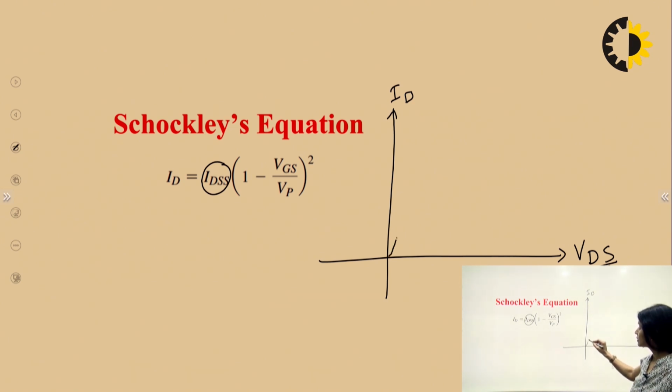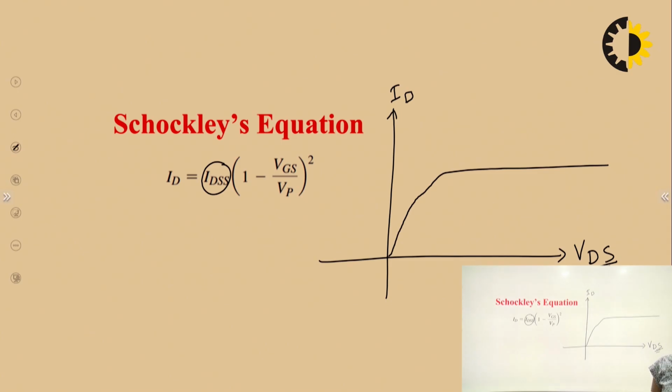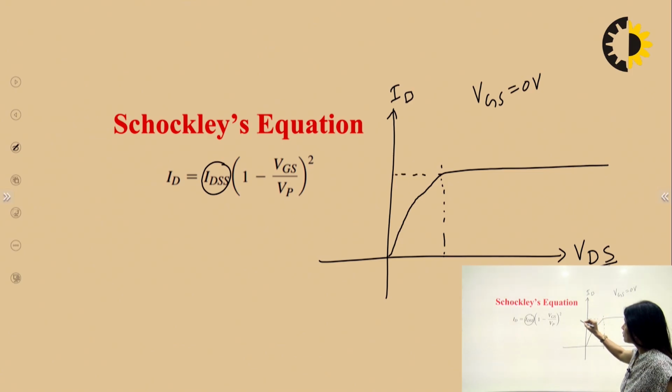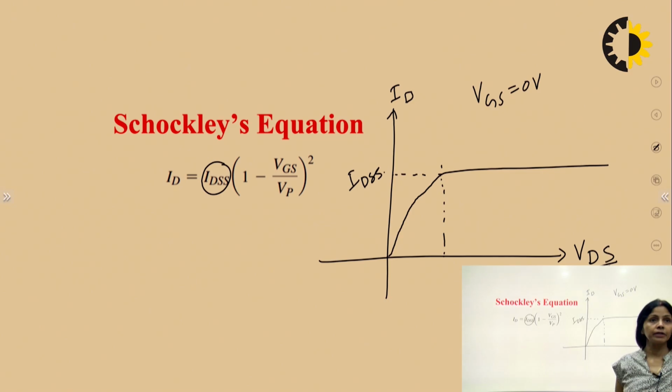Current will increase and then it will be saturated. And this, what I am talking for, is the VGS equal to 0 volt case. When the current gets saturated, this particular point is known as IDSS, right?